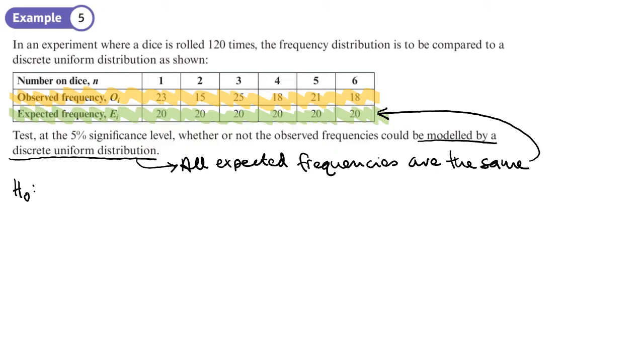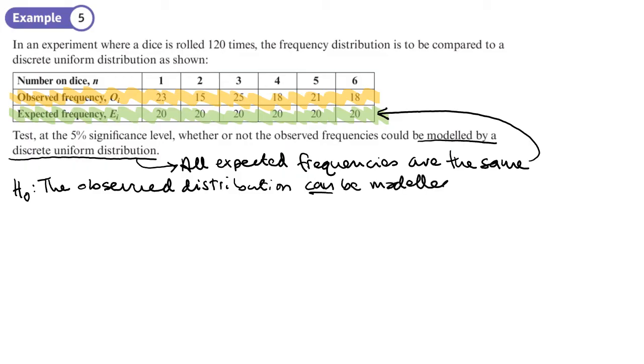H0 will be that the observed distribution, or the observed frequencies, can be modeled by a discrete uniform distribution.